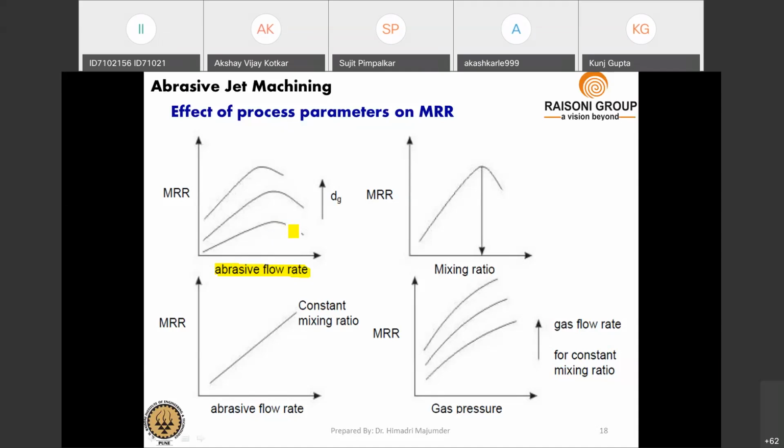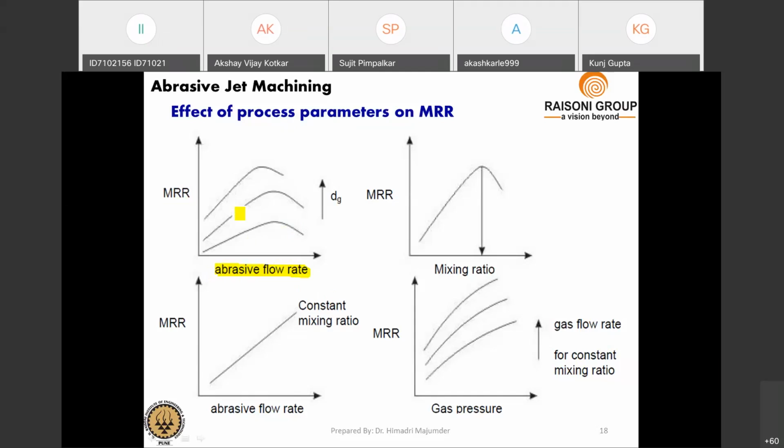As it gets saturated on the work surface, there will not be that much pressure which can withdraw all the dislodged work material. So they will make a secondary surface on the work surface. So when you increase your abrasive flow rate more, there will be less chance of MRR.